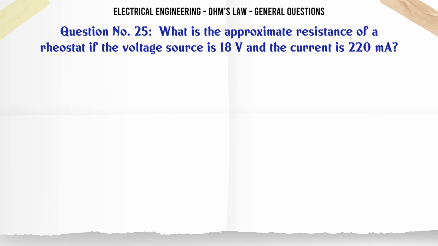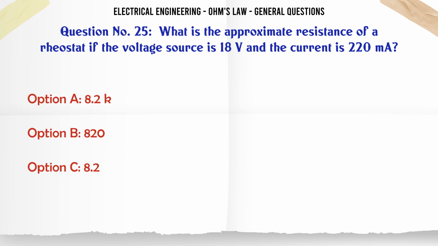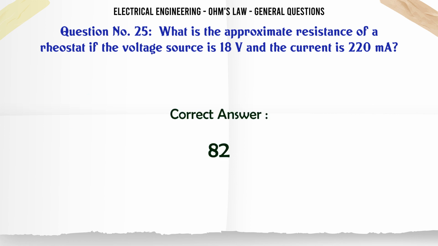What is the approximate resistance of a rheostat if the voltage source is 18V and the current is 220 mA? A. 8.2K, B. 820, C. 8.2, D. 82. The correct answer is 82.